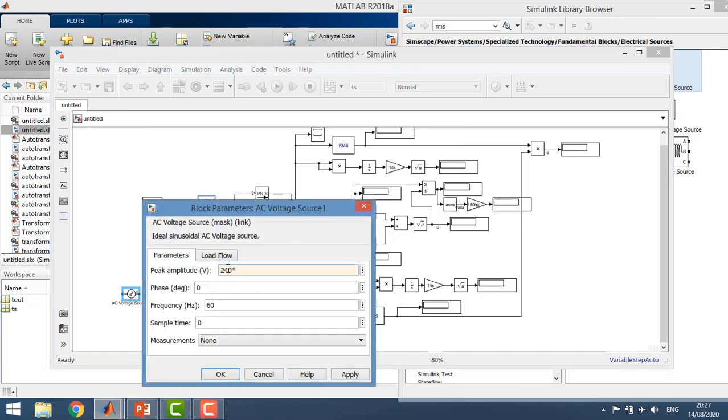Based on table number 2, the voltage source of each phase is 240 RMS, or for the peak value it's 240 multiplied by the square root of 2. So phase A with the angle 0 degrees.